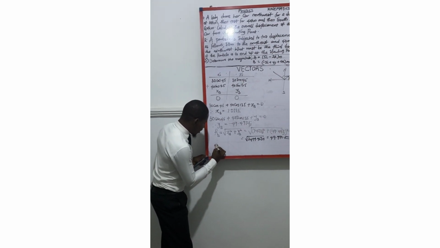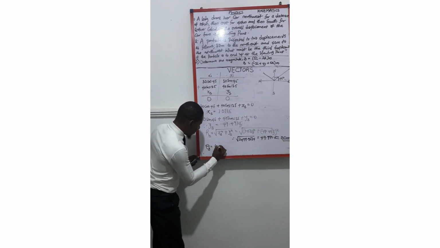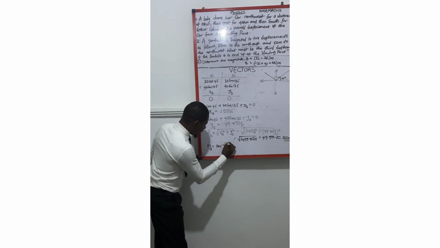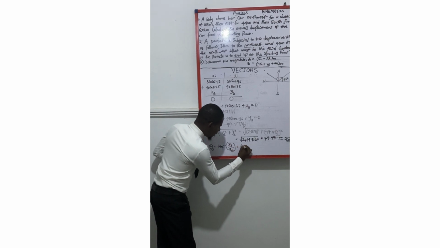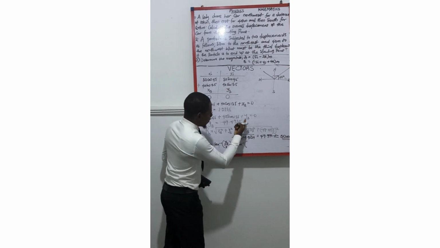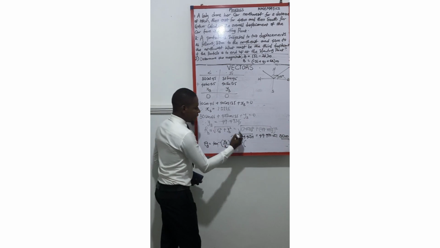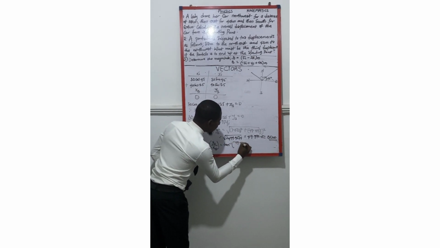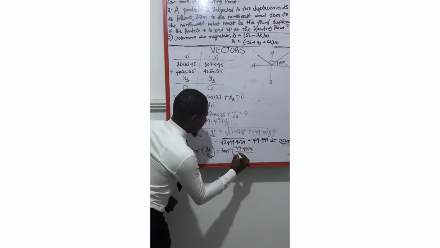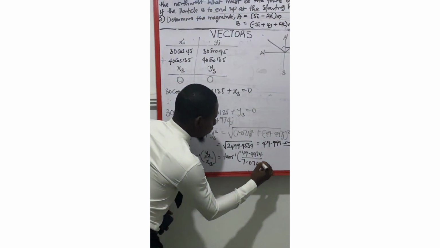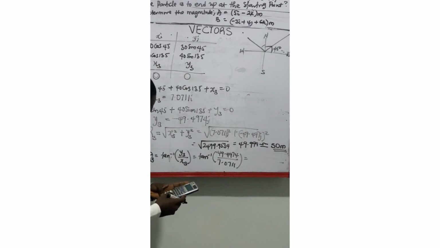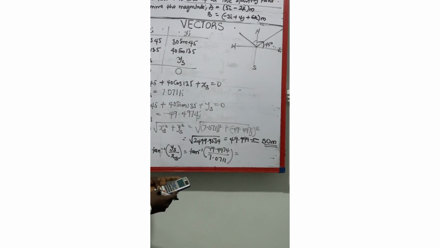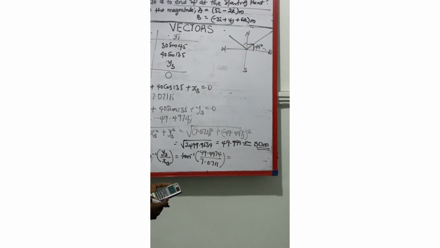The direction theta of the third leg will be the tan inverse of the vertical of the third leg over the horizontal of the third leg, meaning the tan inverse of 49.4974 divided by 7.0711.